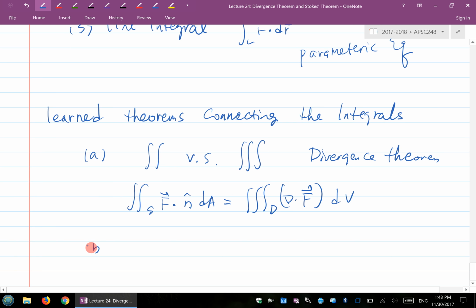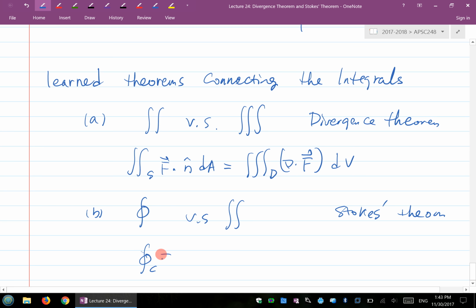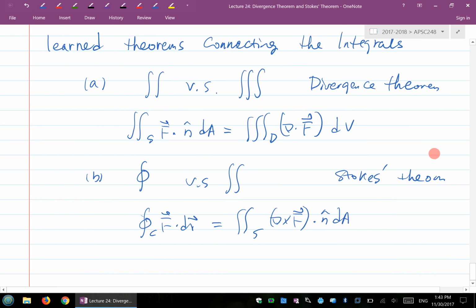And of course, the Stokes theorem connects the single integral with a double integral. So the line integral is equal to the surface integral. Now, there's another theorem.